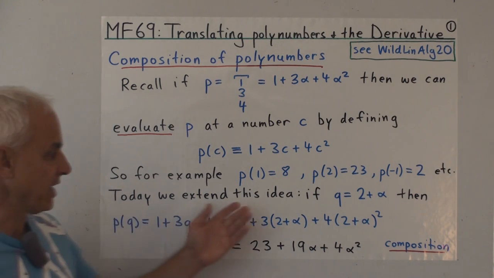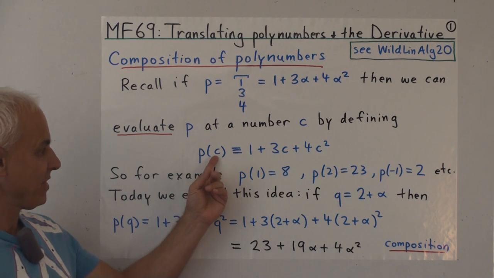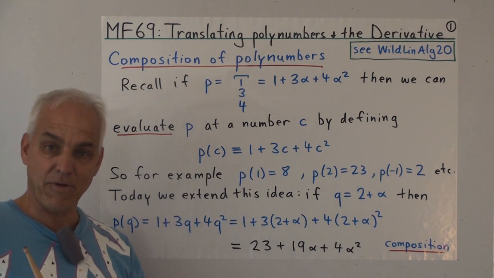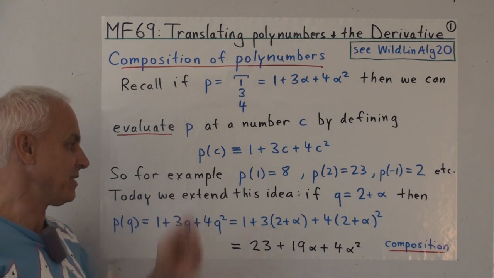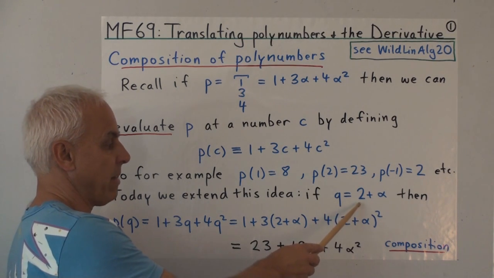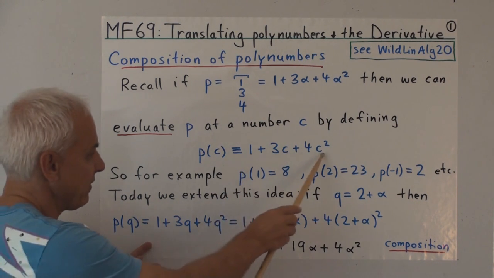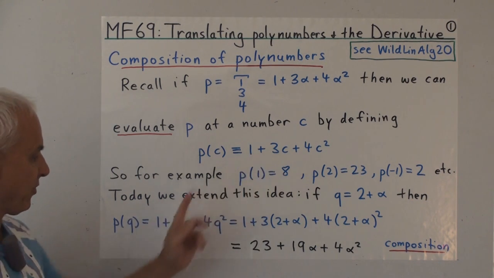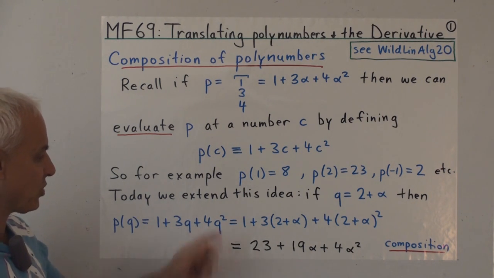So today we're going to extend this idea by considering substituting not number values for C, but rather other polynumbers instead of C. So for example, suppose that we have Q, the polynumber 2 plus alpha. Then we could define P of Q, which is just this kind of expression here, but with the C replaced everywhere with Q. 1 plus 3Q plus 4Q squared.